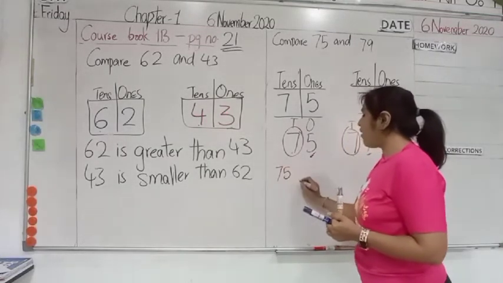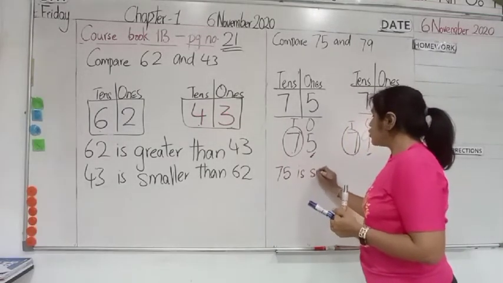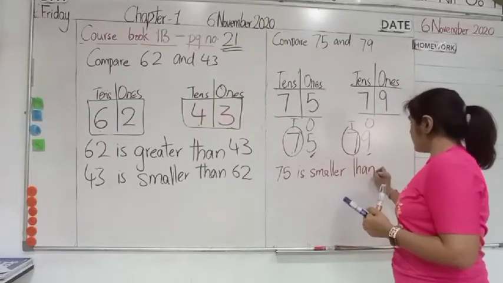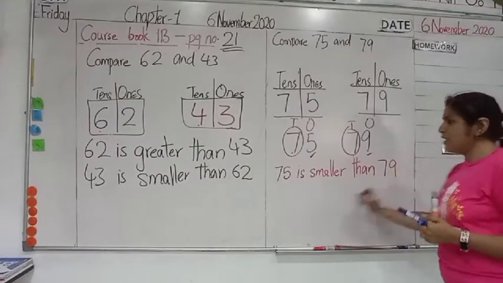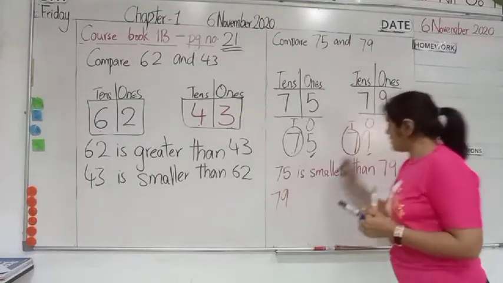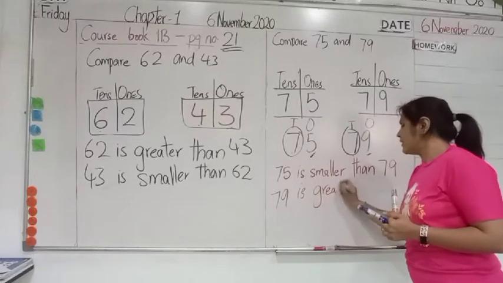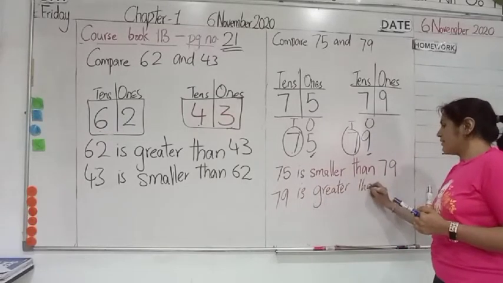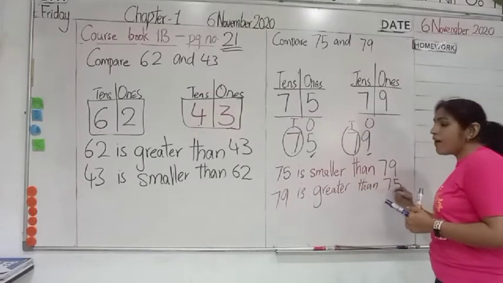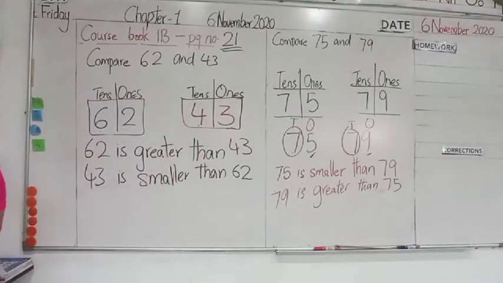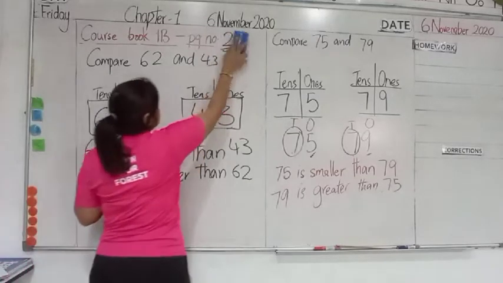So 75 is smaller than 79, whereas 79 is greater than 75. Alright?